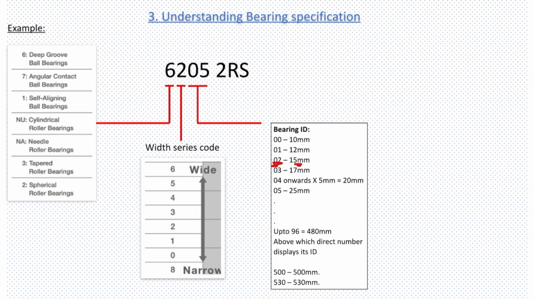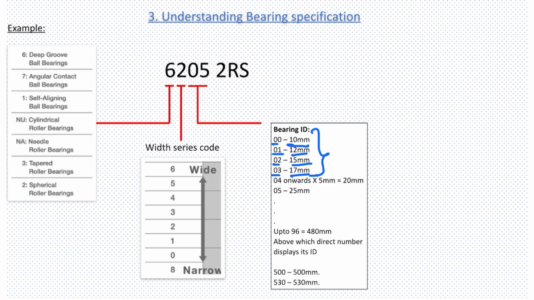So up to 03, this ID is common. 00 means 10, 01 means 12, 02 means 15, 03 means 17 mm internal diameter of the bearing.